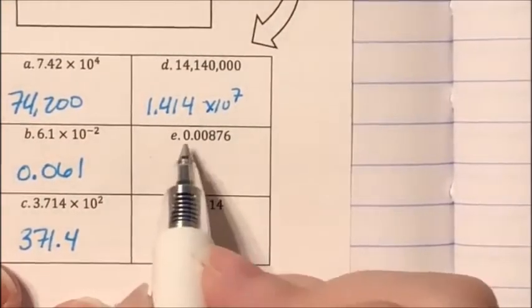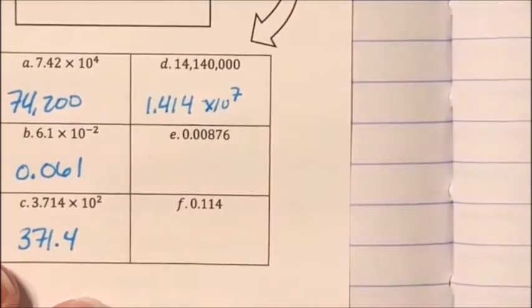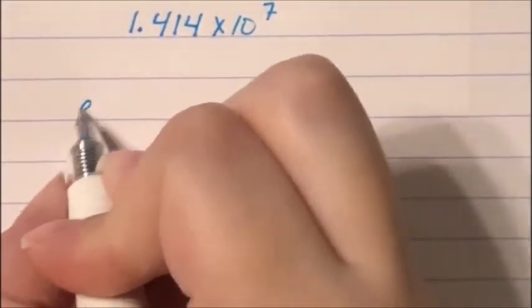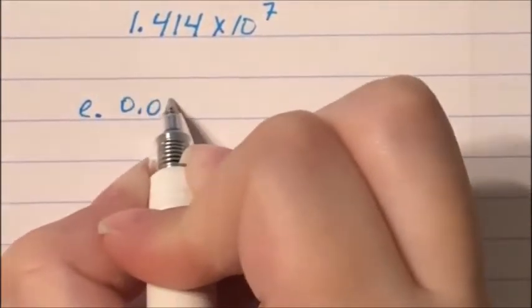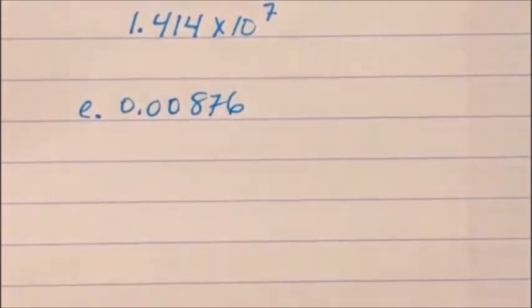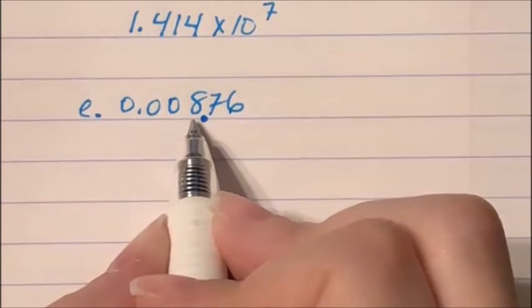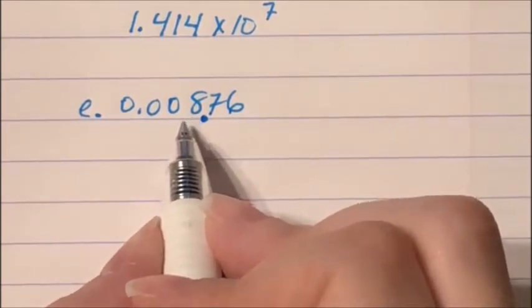Okay. Letter E, 0.00876. I need to get to here, right? Because that was between 1 and 10.